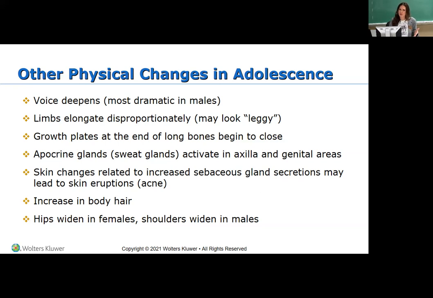We don't want them to during this age, but the hips start widening so that they can house a child eventually. With the boys, we start seeing a widening of the shoulders, and they start getting more of a V shape instead of that straight-down tree shape that is so familiar in the younger teen years. You'll start seeing those really wide shoulders.